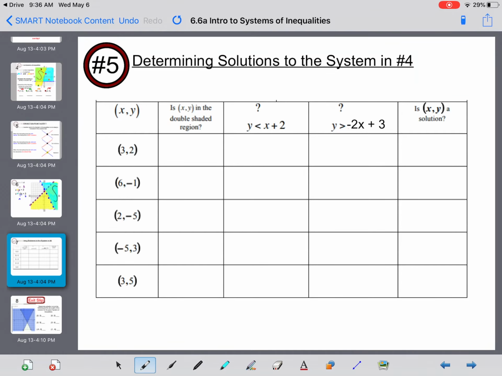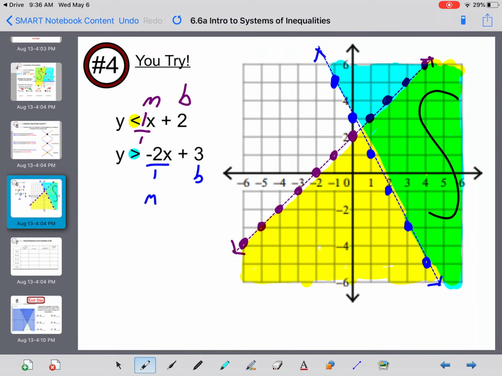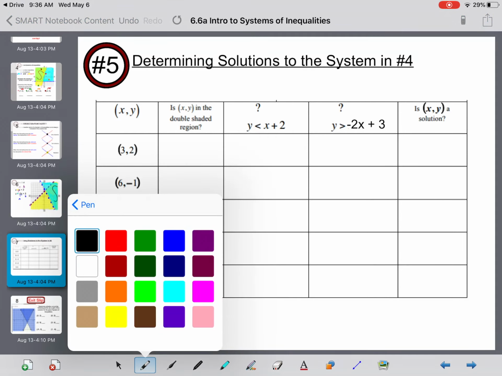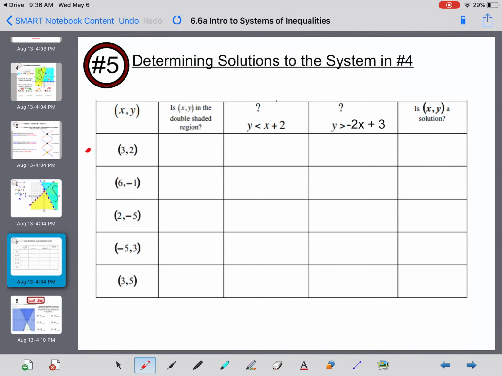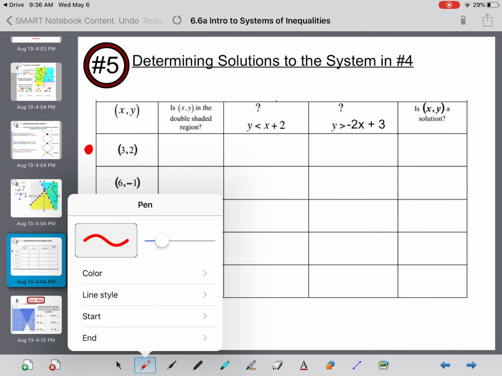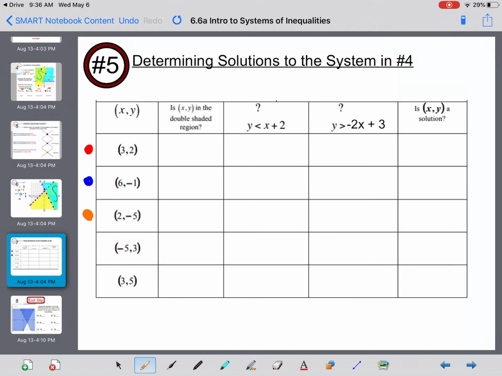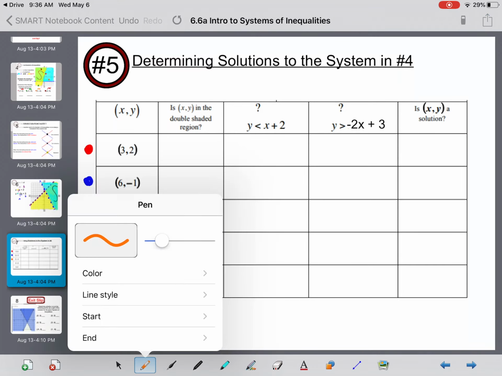So the chart on the next page, or at the bottom of your page, wants to determine whether or not each of these points is in any of the shaded regions. So I'm going to give each point a color: red, blue, orange.